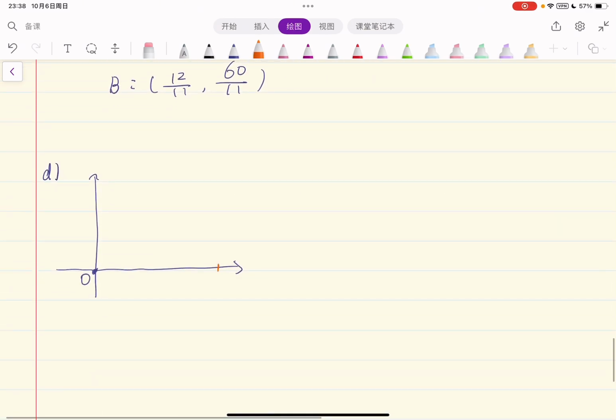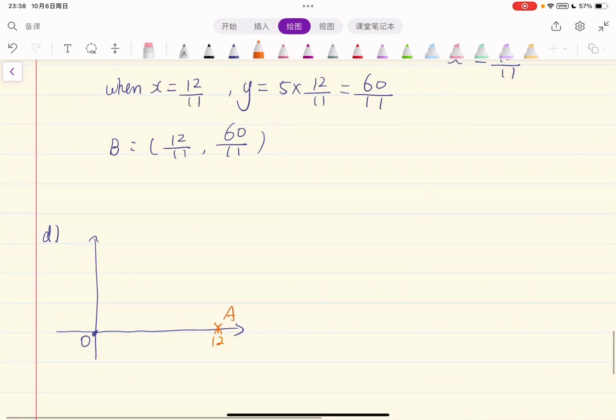Maybe here is 12, so there is A. And we know B is (12/11, 60/11). So maybe here 12/11 and 60/11. Not so accurate, just a sketch. So we have point B over here. Now we can draw the triangle OAB.